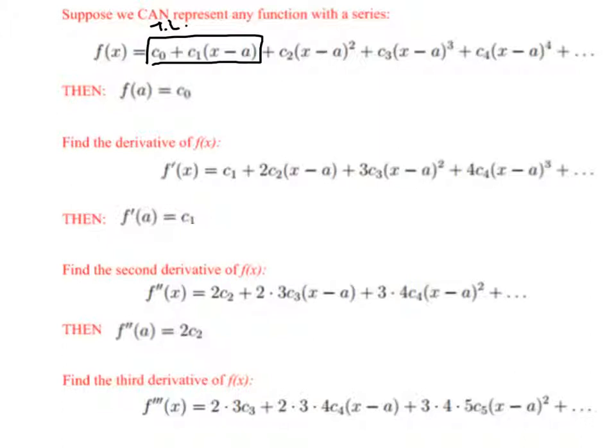So the whole idea here is I'm trying to figure out what each constant represents. Well, the first constant is just the function's value at a. The second constant would be the function's derivative's value at a. The next constant would be the second derivative's value at a divided by 2.